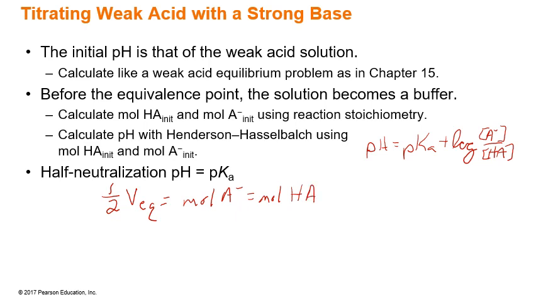At this point, that log value becomes 0 and our pH equals the pKa of your weak acid. And so halfway to the equivalence point, at that volume, you can find the pKa of your weak acid.